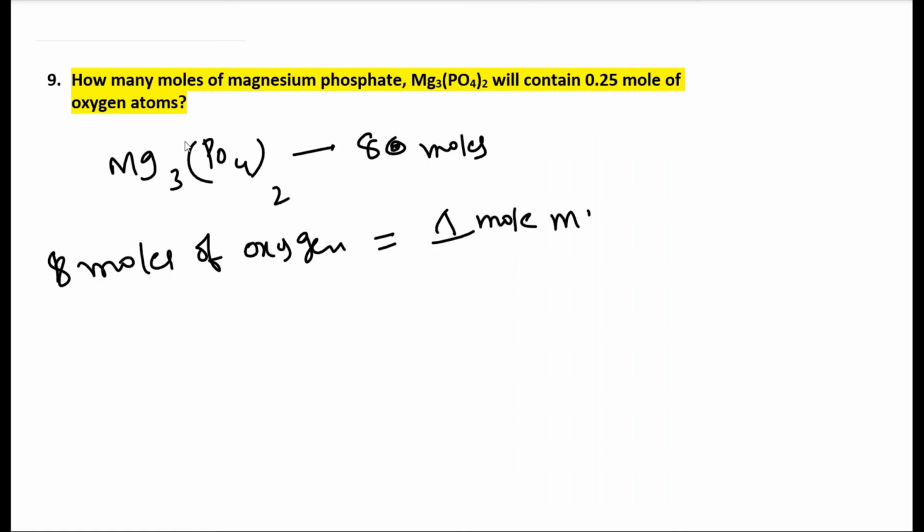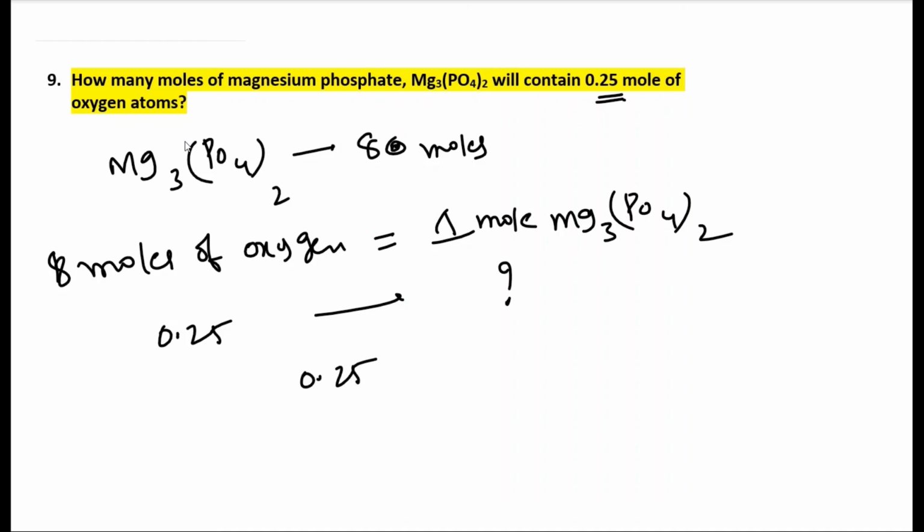Then for what moles are they asking? 0.25 moles. How many moles of Mg3(PO4)2? Very simple. So 0.25 by 8 moles. Why? This is 2 into 4, which is 8 moles. So 8 moles of oxygen per 1 mole of Mg3(PO4)2. For 0.25 moles, how many moles?